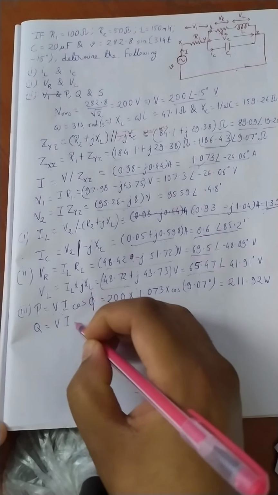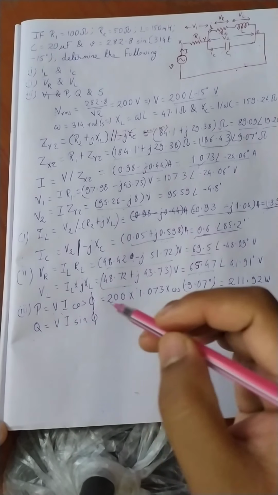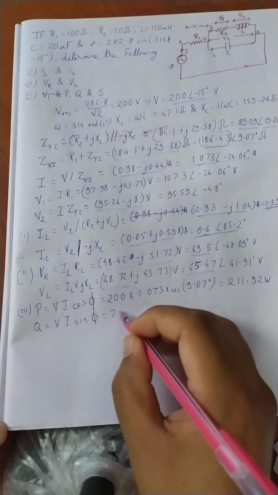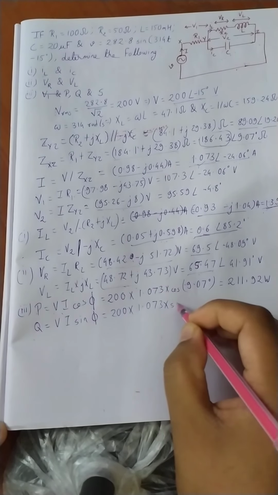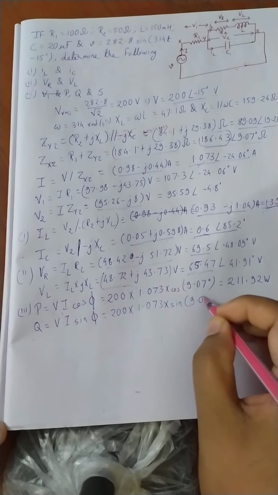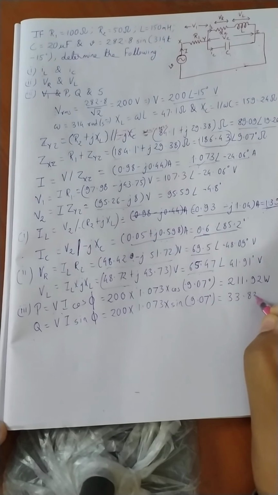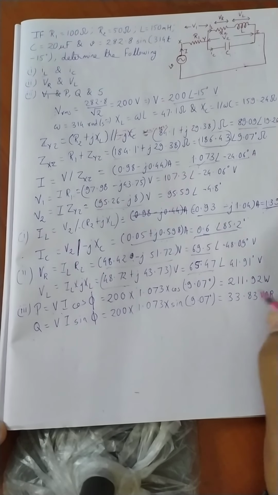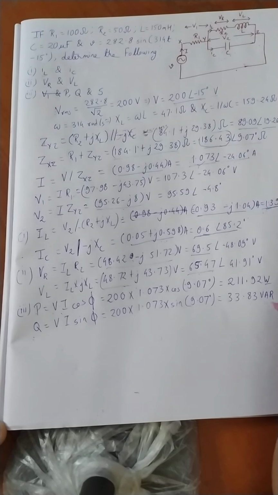Now what about Q? Q would be VI sin phi. This is the active power, this is the reactive power. So again we would be having all the values, so we would be putting it together. So what we are going to get is 33.83 var. The unit of this active power will be watt, this reactive power will have the unit of var, volt ampere reactive.